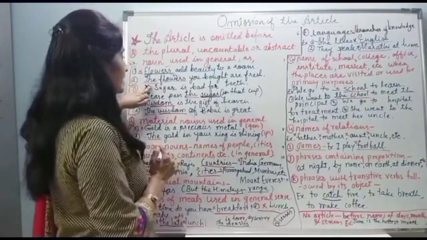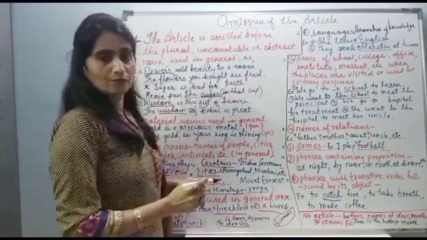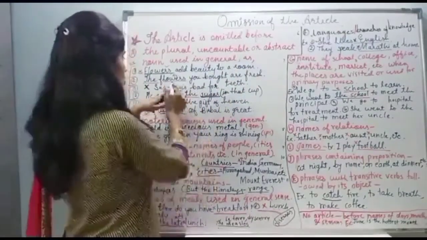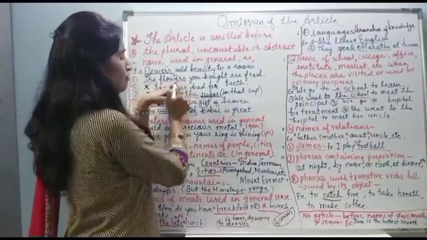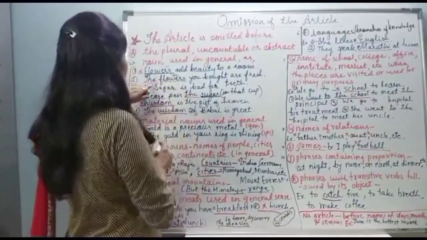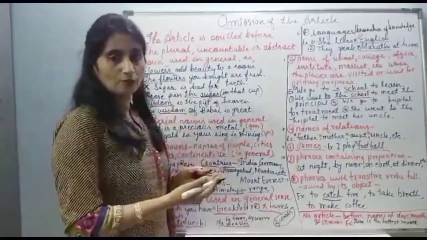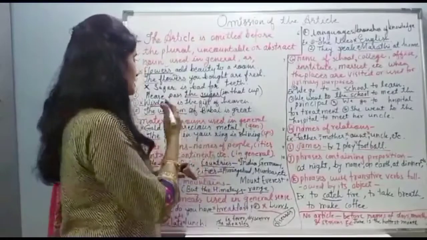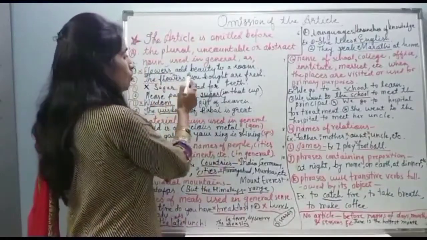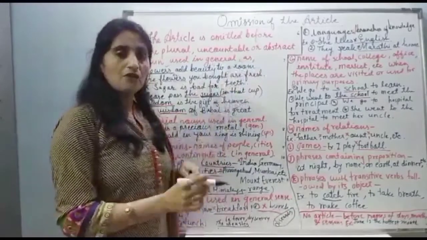Now see the second sentence. The flowers you bought are fresh. Here also the plural noun is flowers, but before this we have made use of the article the. Then why is it so? The reason is that here we are talking about particular flowers. Which flowers?